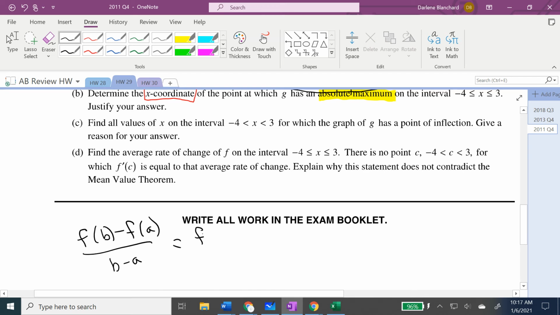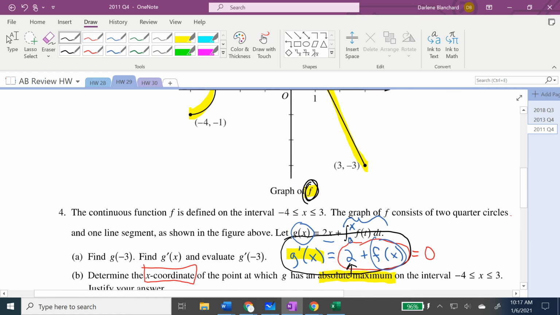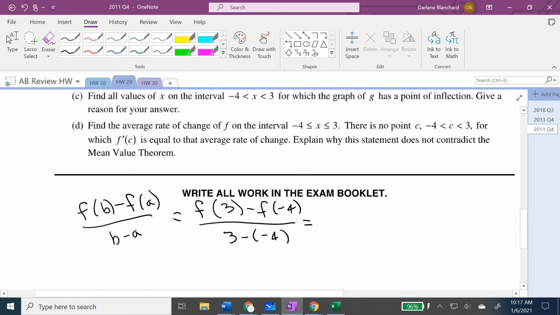So you need to definitely show them that you know the average rate of change formula that you are using with the numbers. So make sure to write down what I'm writing right now. Then I'm going over to the graph and I'm finding f of 3, and that's -3. And I'm finding f of -4, and that's -1. So -3 and -1.